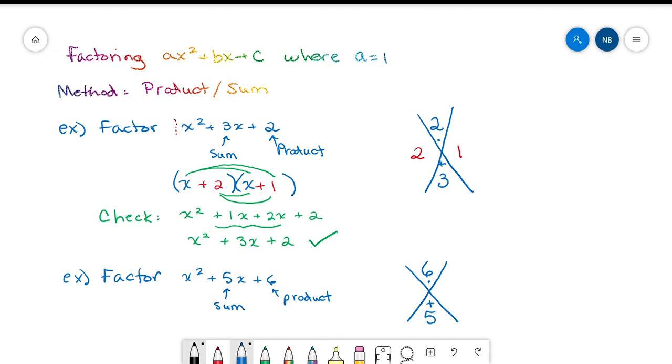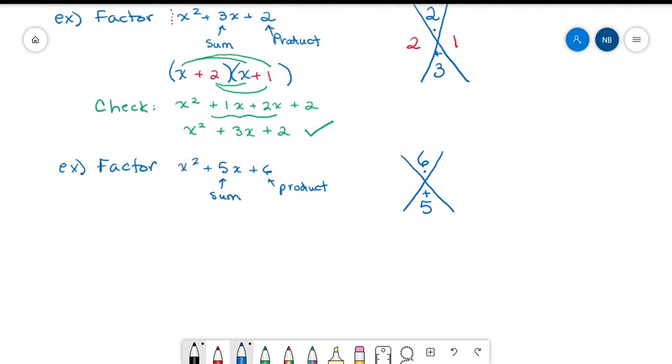So what we need here are numbers which multiply to make 6 and add up to make 5. Now, of course, 6 times 1 equals 6, but 6 plus 1 is equal to 7, so the numbers are not 6 and 1.